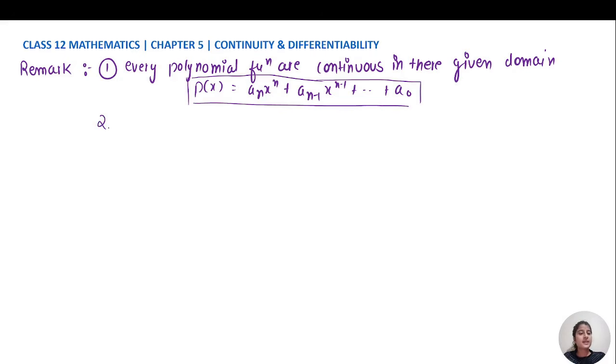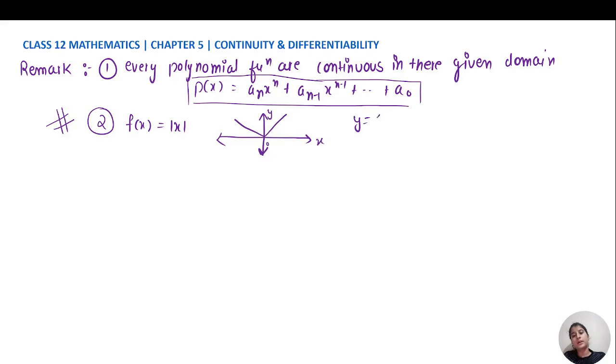Then the second one is a standard continuous function which you should always remember, that is f of x equals mod x. It's a standard continuous function, and you will see it's important in differentiability also. Its graph is given by this: this is the zero point, this is our x-axis, this is our y-axis, y equals f of x, and f of x is mod x.